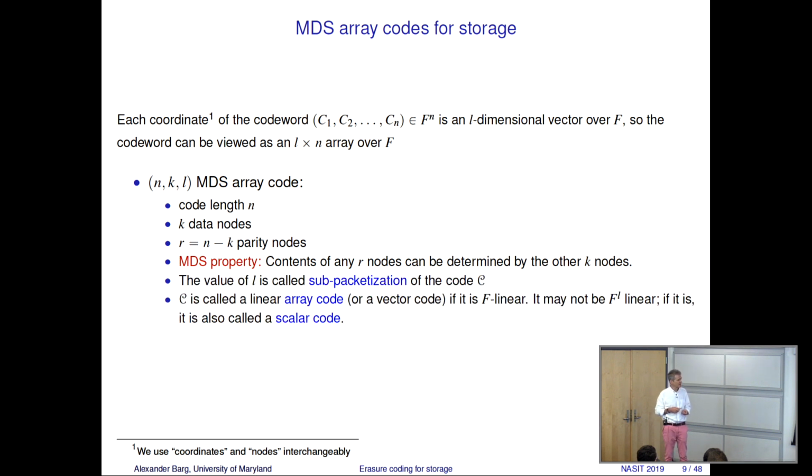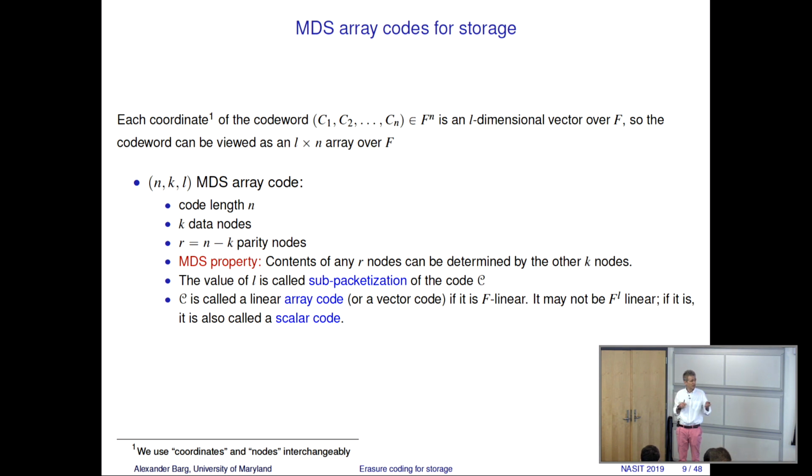The value of L is called sub-packetization. C is called a linear array code or a vector code. There is a difference between array codes, vector codes and scalar codes. Every coordinate is L symbols of a field F. That code is not necessarily linear over the extension field F to the L. It is F-linear, but the coordinates themselves cannot be multiplied and still be expected to be preserved in the code.